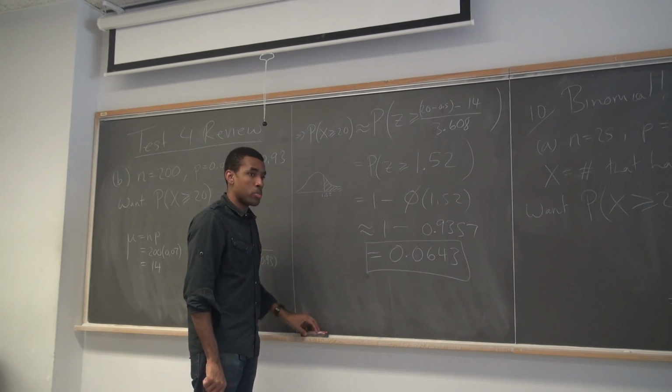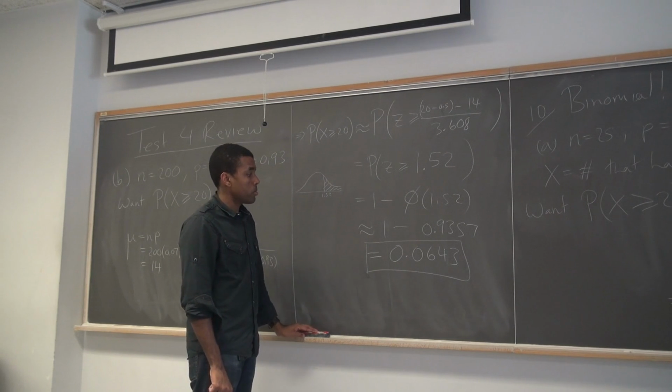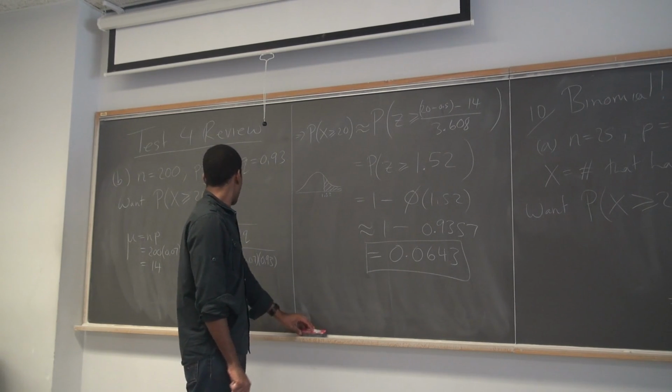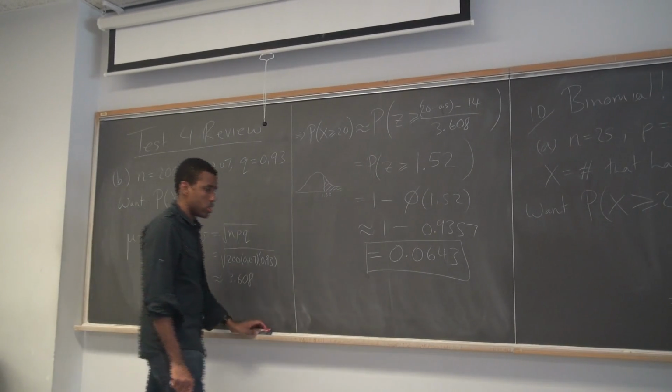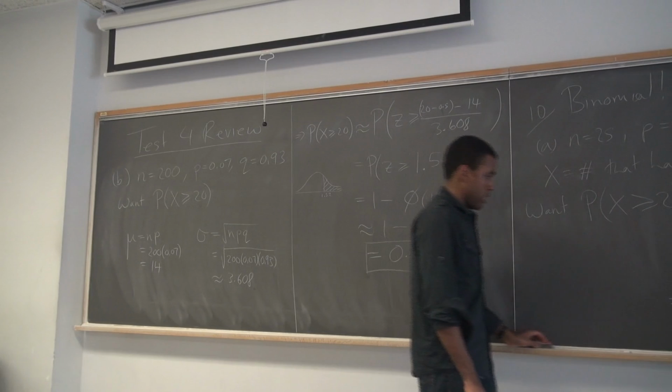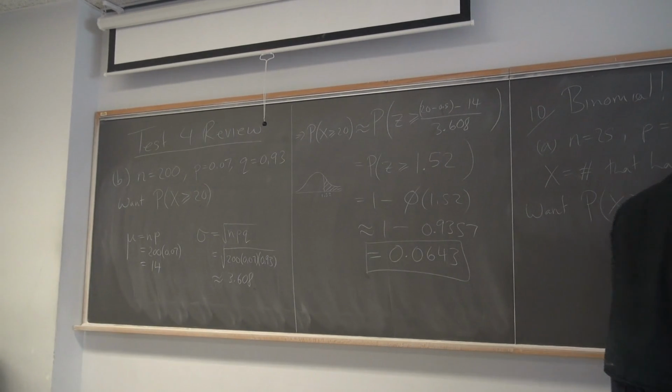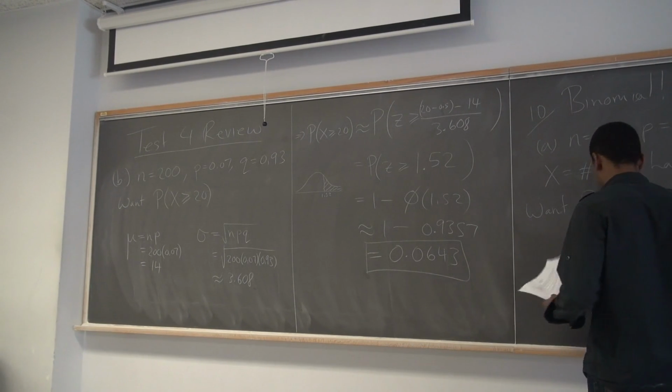There's about a 6% chance. Of course, that's because the probability of finding even one is already very small, just 7%. Finding more than one tends to get smaller.